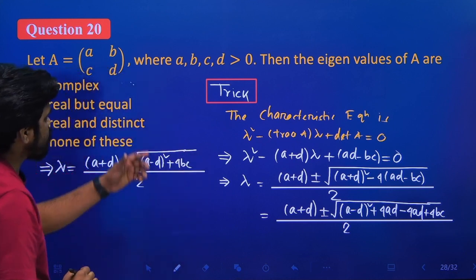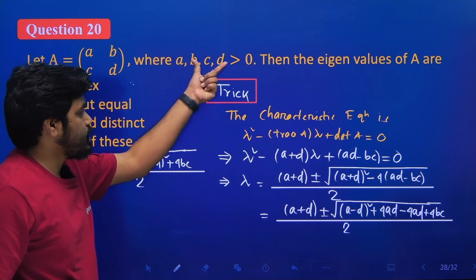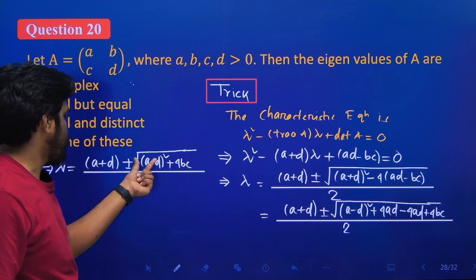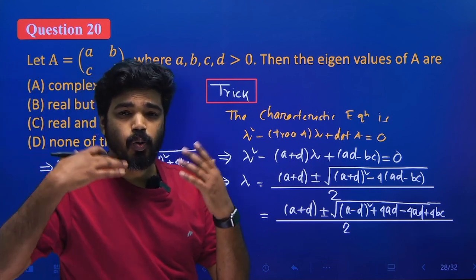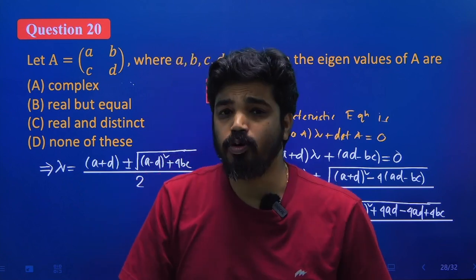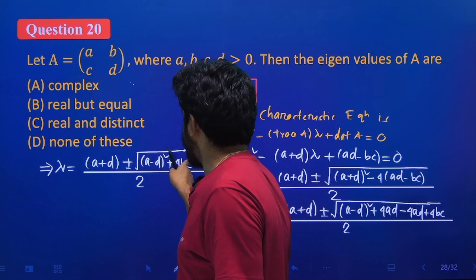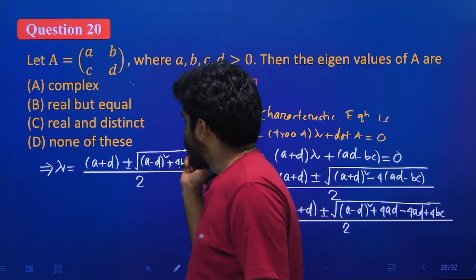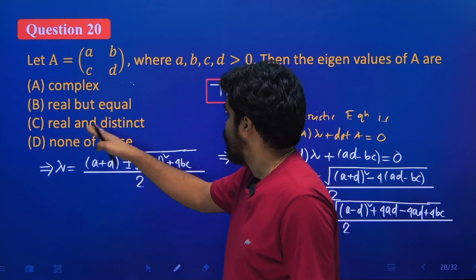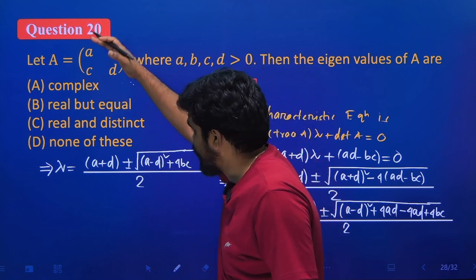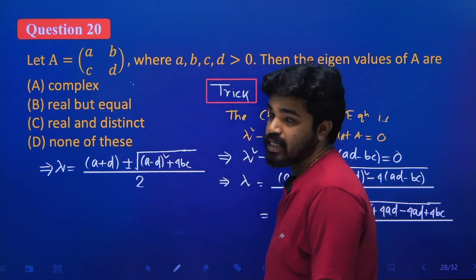Just see, it is given that a, b, c, d are greater than 0. That means (a minus d) whole square is always positive, so this must be positive. So we conclude that the given matrix A has real and distinct eigenvalues.